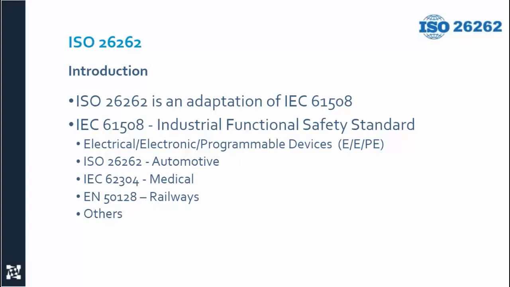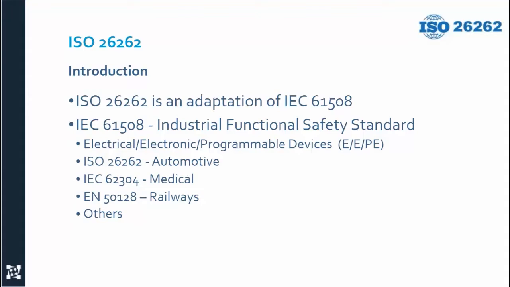To give you a little history, ISO 26262 is created from IEC 61508 for the automotive industry. IEC 61508 is a basic functional industry safety standard for electrical, electronics, and programmable electronic devices, which is applicable to all kinds of industries. So by inheritance, ISO 26262 is a functional safety standard.